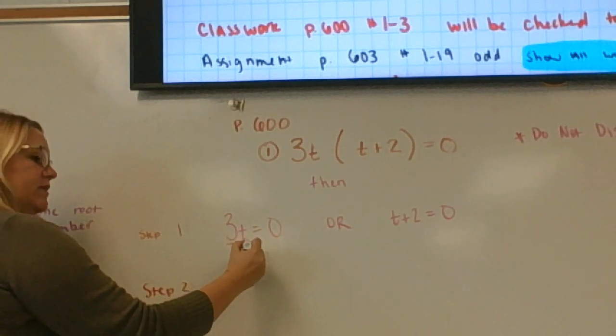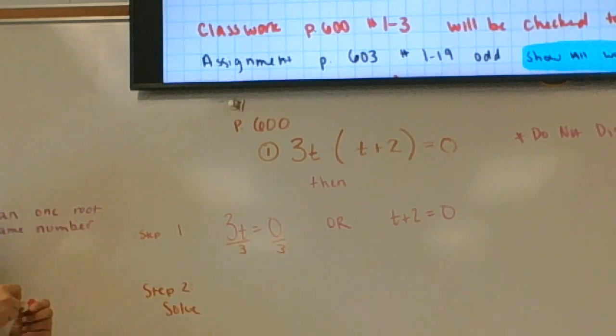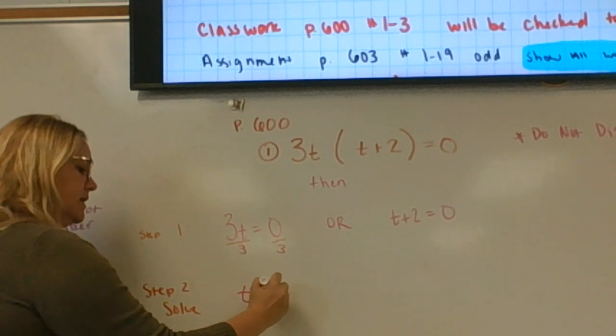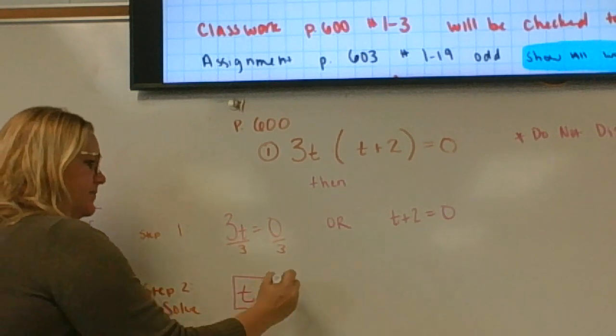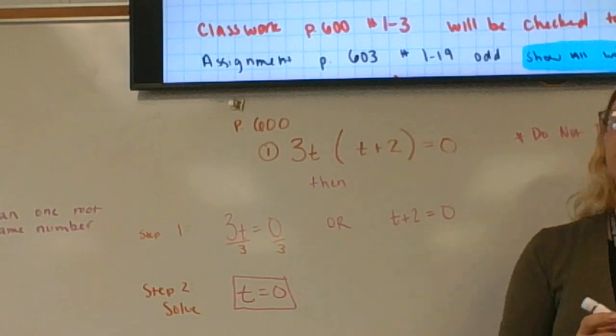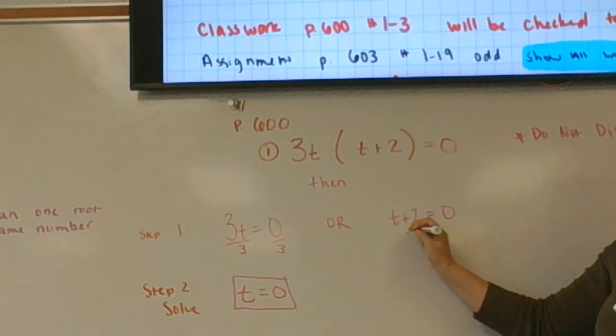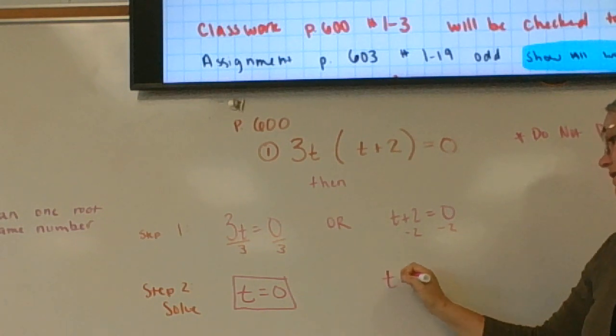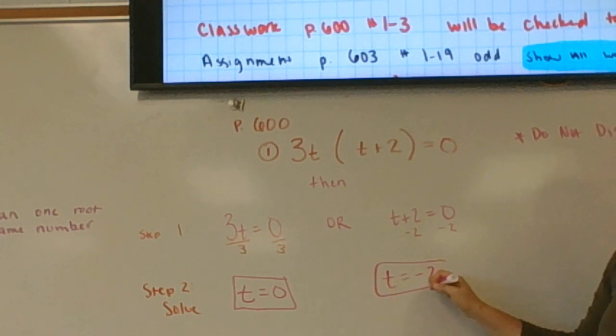To solve this, I would divide by 3. I don't like dividing 0, but that's what's going to happen here. I get the answer that t is 0. And then over here, I subtract 2. And I get the answer that t is negative 2. And it could be either one.